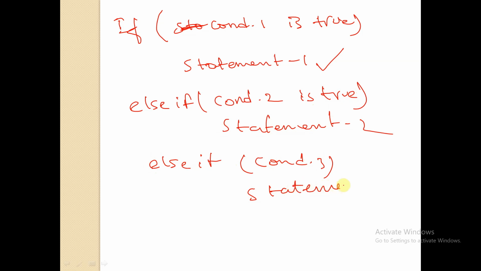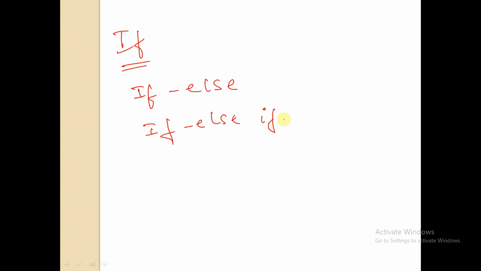So this is the nested if else statement. There are three types of if loops. First one is if without any else, second one is if else, and third one is if and else if. So these are the conditional statements in behavioral modeling. Is it clear?